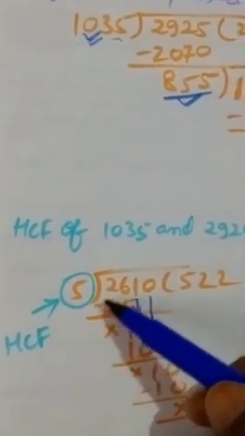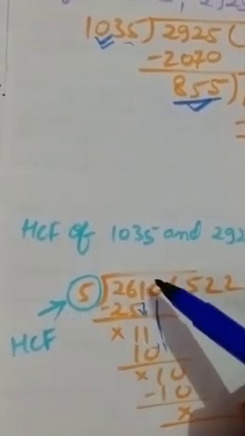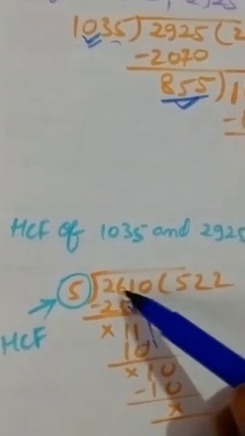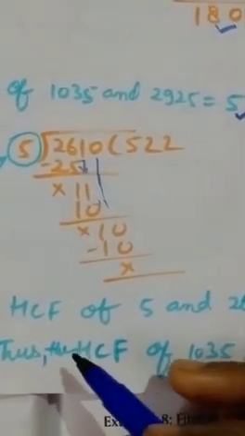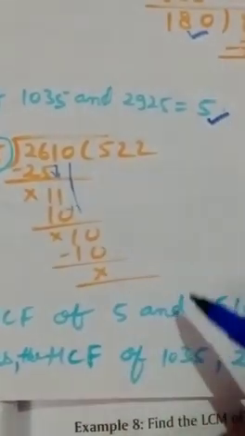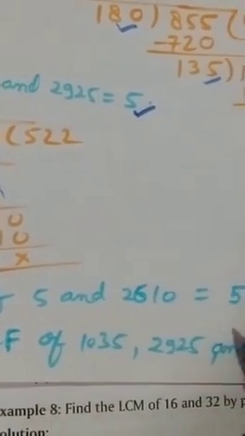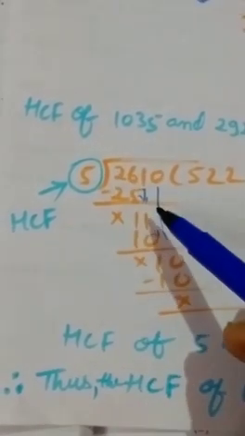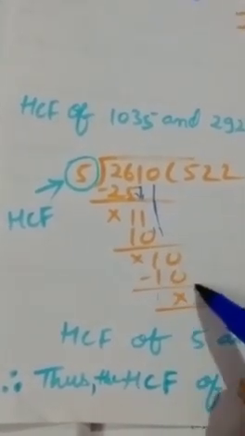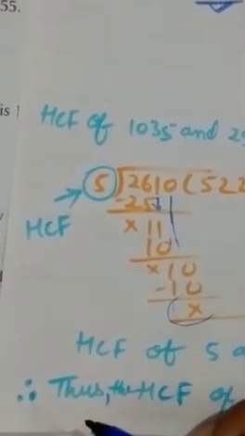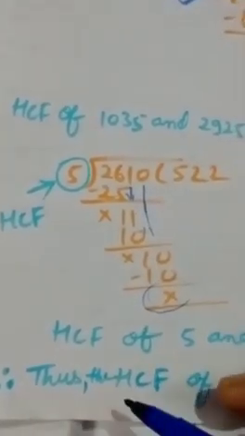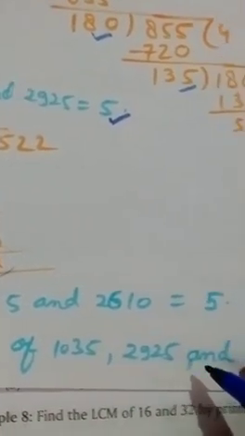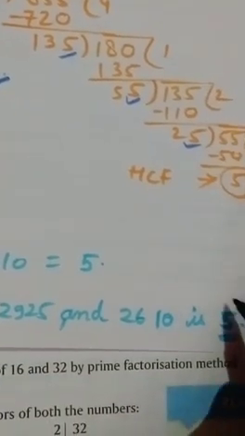Okay, have you seen here? HCF of 5 and 2610 is 5, because at this stage your remainder is 0. Okay, thus the HCF of all the three numbers given is 5.